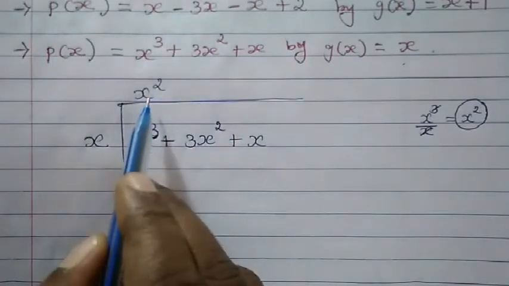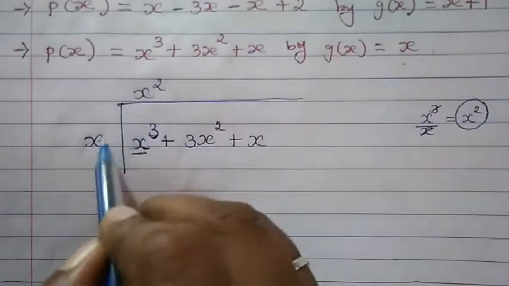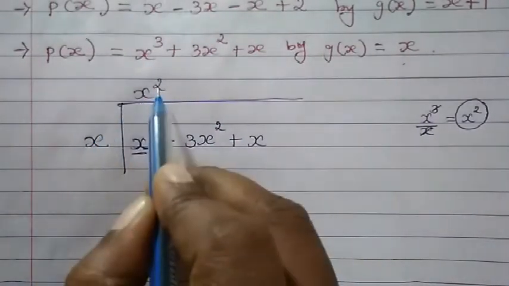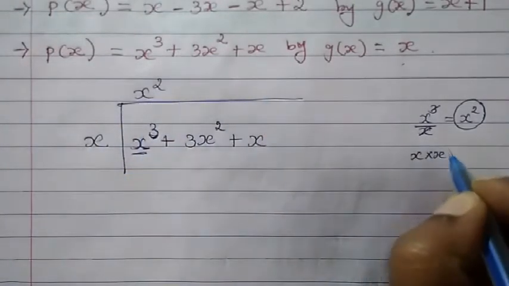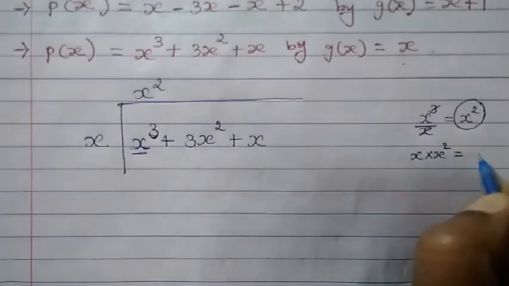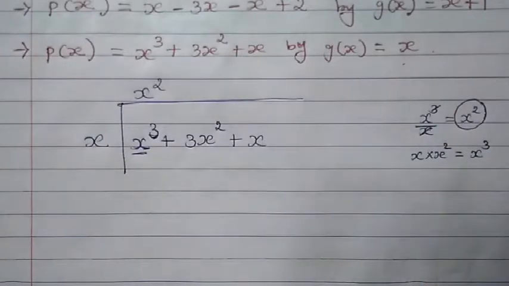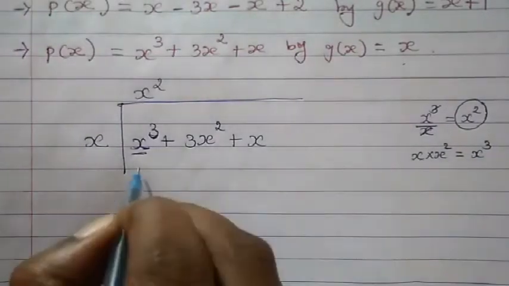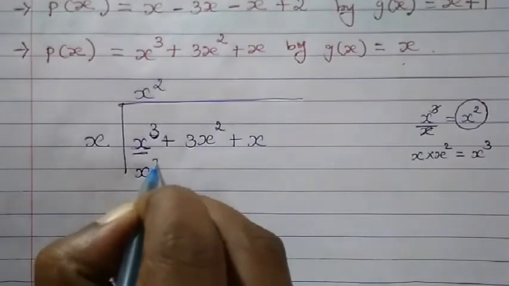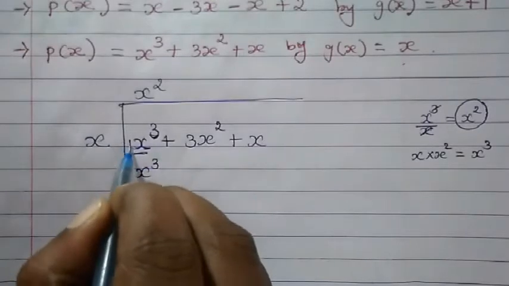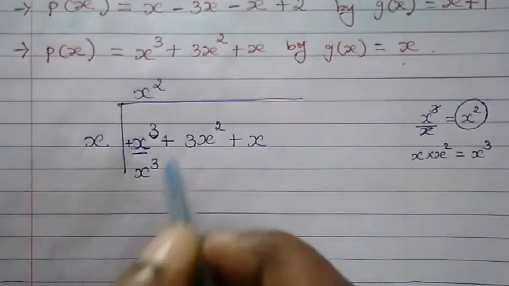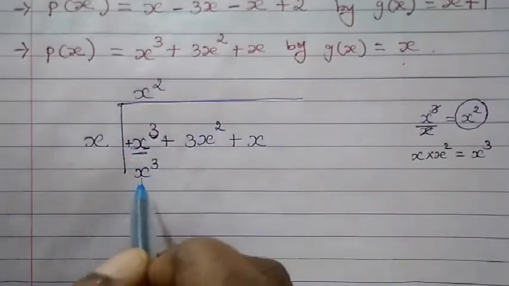So after writing down this, now you multiply both. So x into x square, when you multiply, you will get x cube. So write down this here now, x cube. Okay, now we change the sign. This is in plus. So normally when we do the long division method, we change the sign.